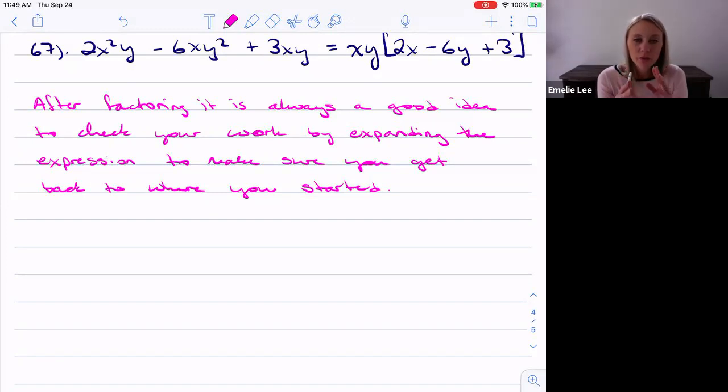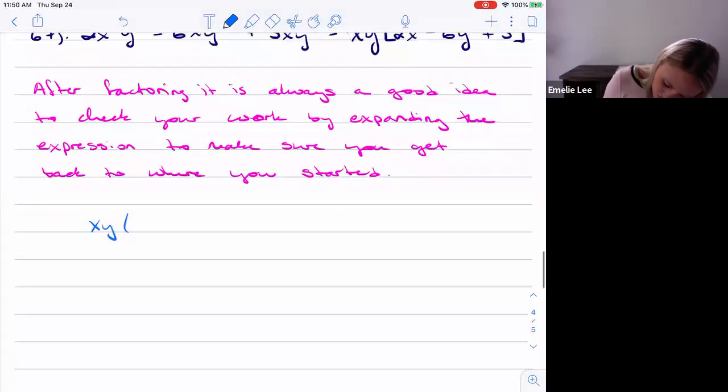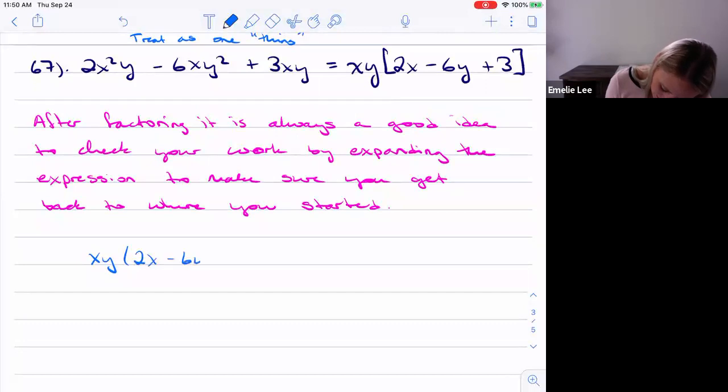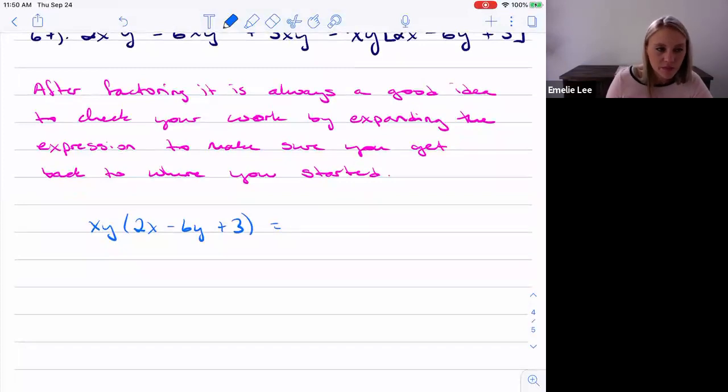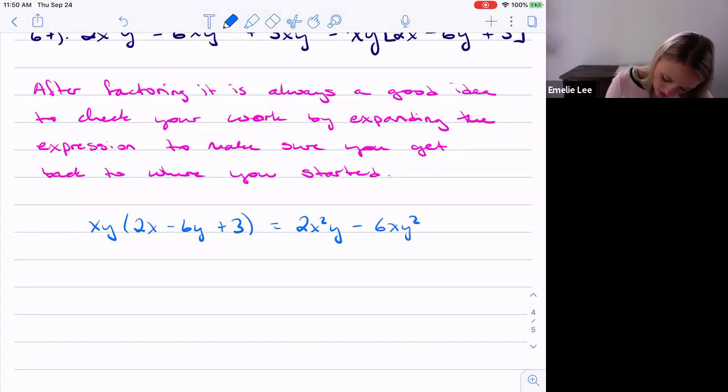Okay, so what I mean by that is we're just quickly going to take this and expand it out and make sure that I get back to here. I'm going to take xy times 2x minus 6y plus 3, and expand it out. 2x times x times y is 2x squared y, minus 6xy squared plus 3xy.